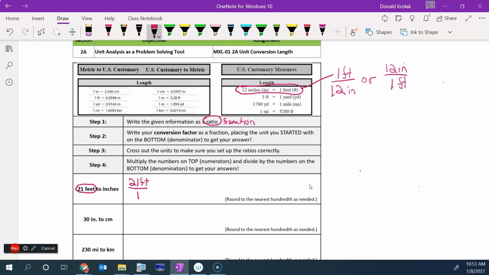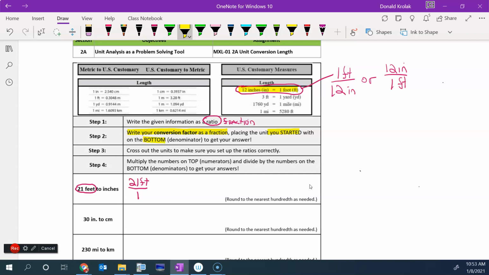So in this case, the conversion factor I'm using is right here. Okay, then I decide which one of these do I want to use, the feet over inches or inches over feet. Okay, you're going to use the conversion factor by placing the unit that you started with on the bottom.